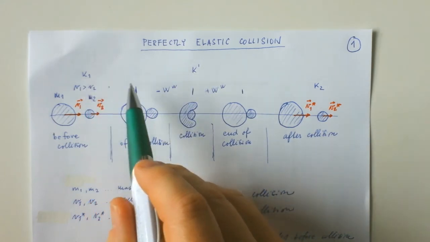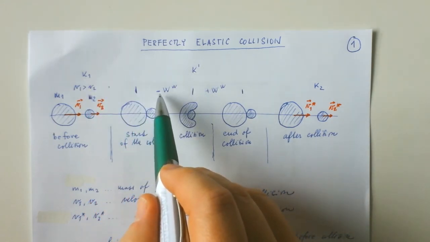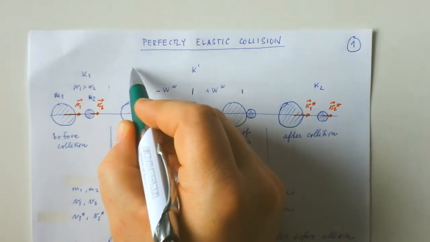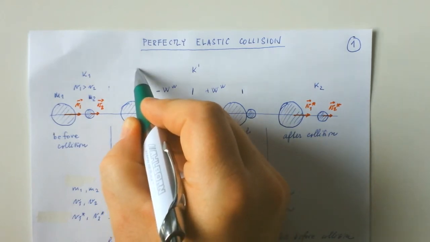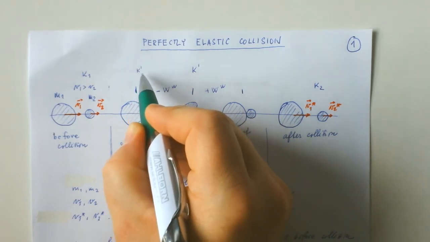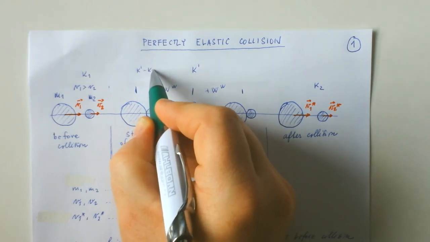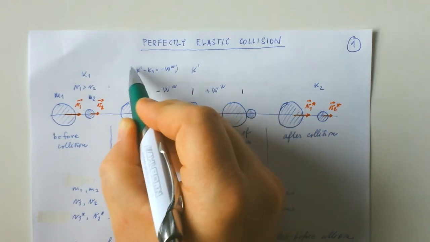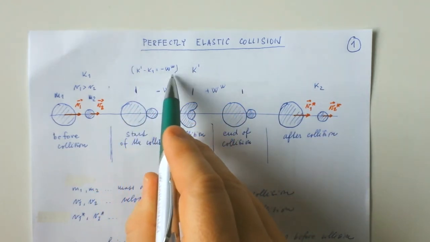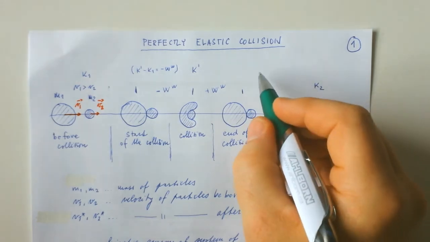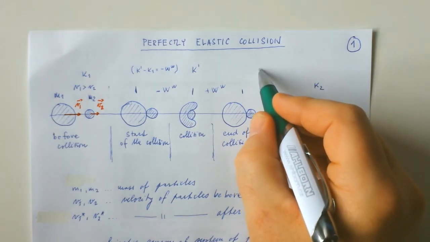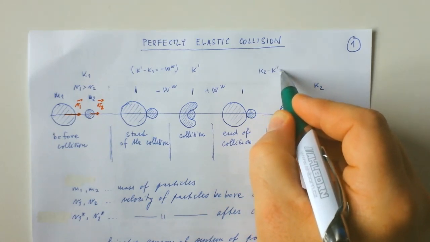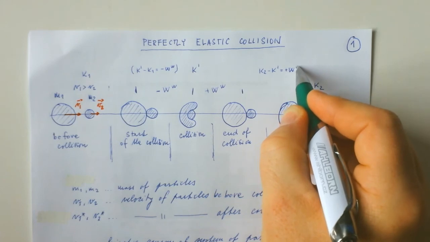So from this it follows that K prime minus K1 must be equal to minus W. Okay? And here I can say that K2 minus K prime must be equal to plus W.